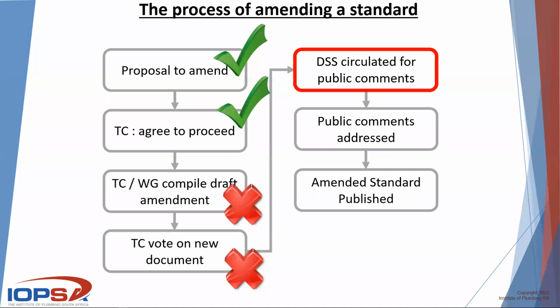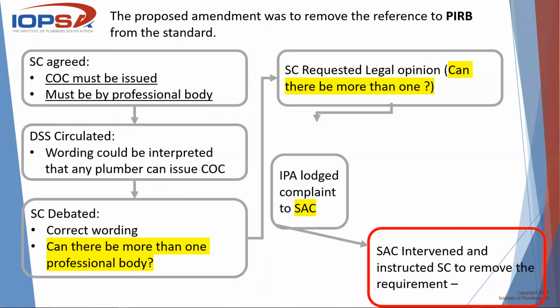The technical committee did not have the opportunity to vote on this draft at all. However, it has been sent out for public comment. The SAC gave instruction not only that it should be circulated for public comment, but it also provided the content that has to be changed, even though the technical committee never agreed to that.